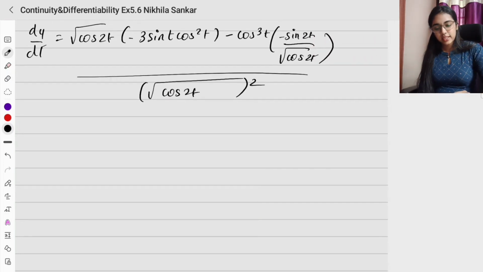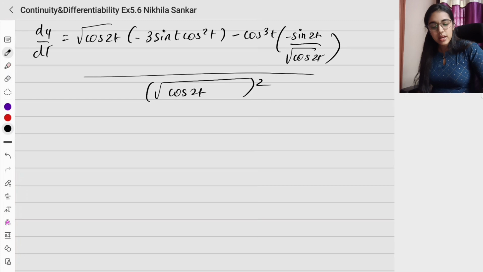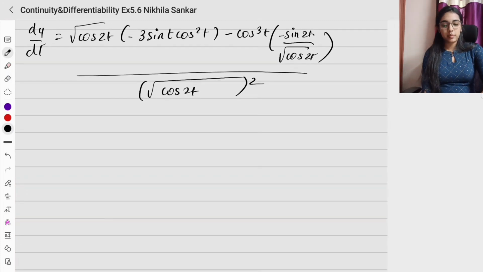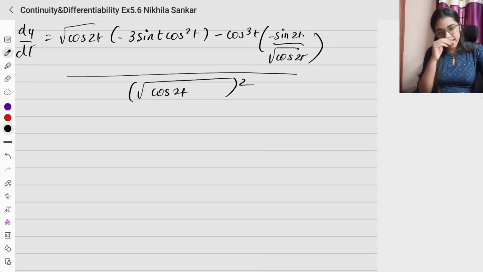Clear? So in that line dy by dt is going to be the numerator divided by the denominator, v u dash minus u v dash divided by v square.